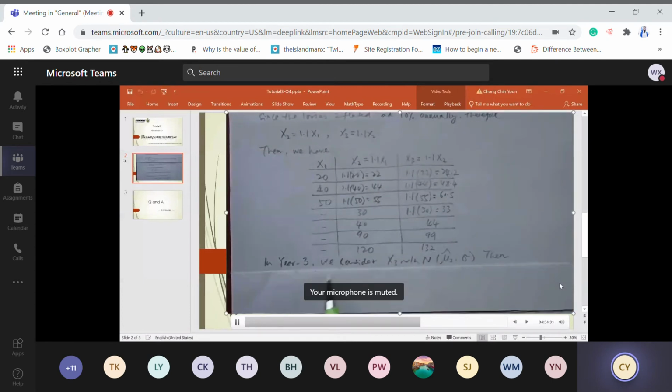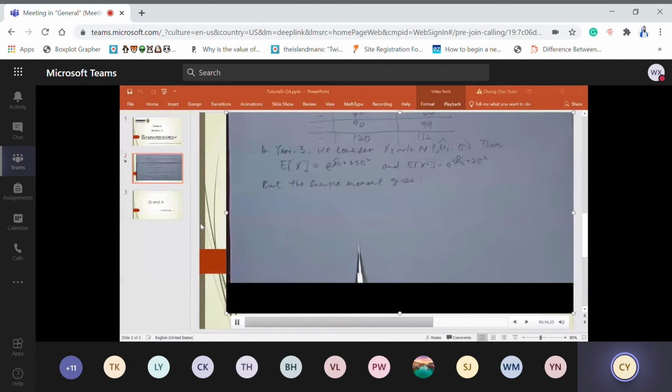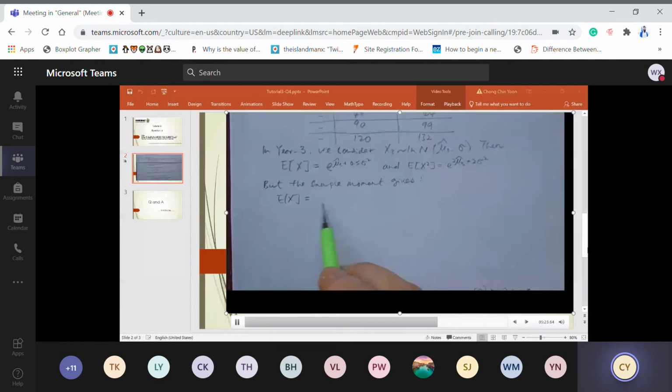In year 3, we consider x3 is lognormal distributed with the parameters of mu3 and sigma. Then from table C, we will have the first raw moment and the second raw moment in terms of mu and sigma. Next, the sample moment will give the first raw moment, which is an average of the samples from the year 3.